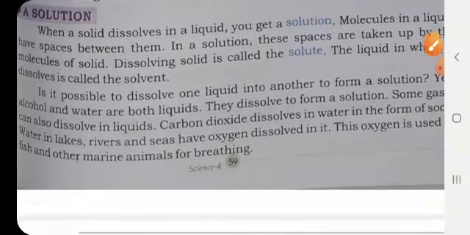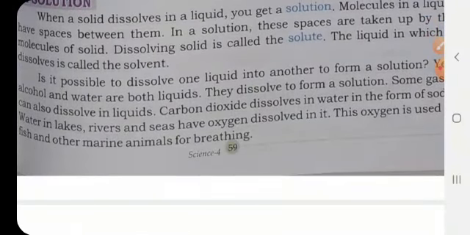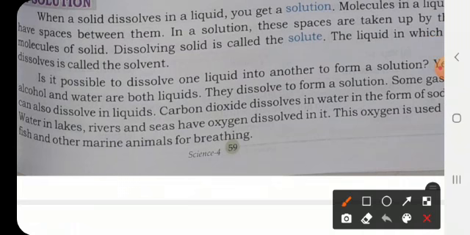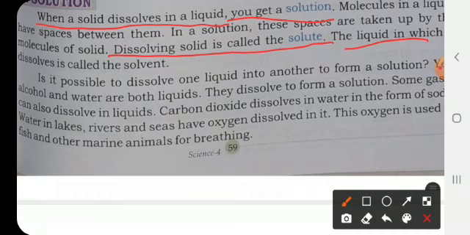Now what is a solution? Right. When a solid dissolves in liquid, you get a solution. So when it is mixed in a liquid, it becomes a solution, and the solid that dissolves is called the solute, and the liquid where it dissolves is called the solvent.